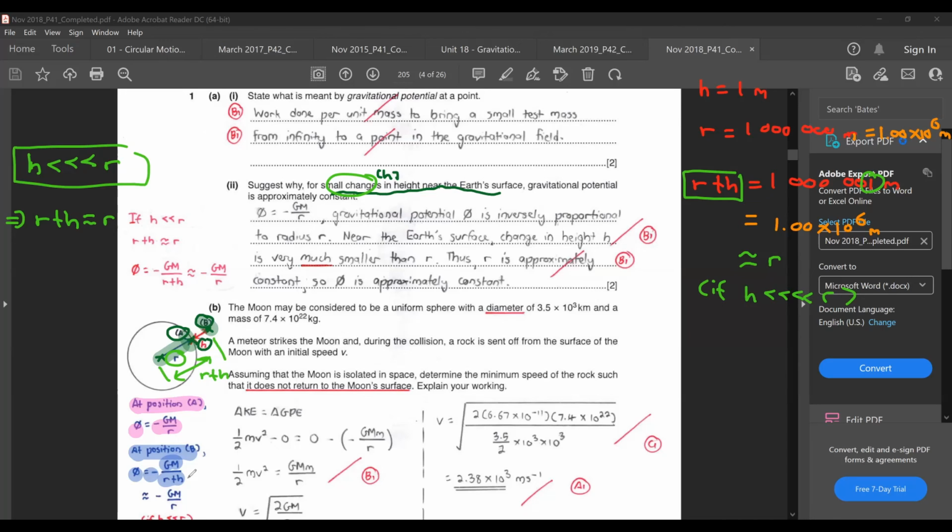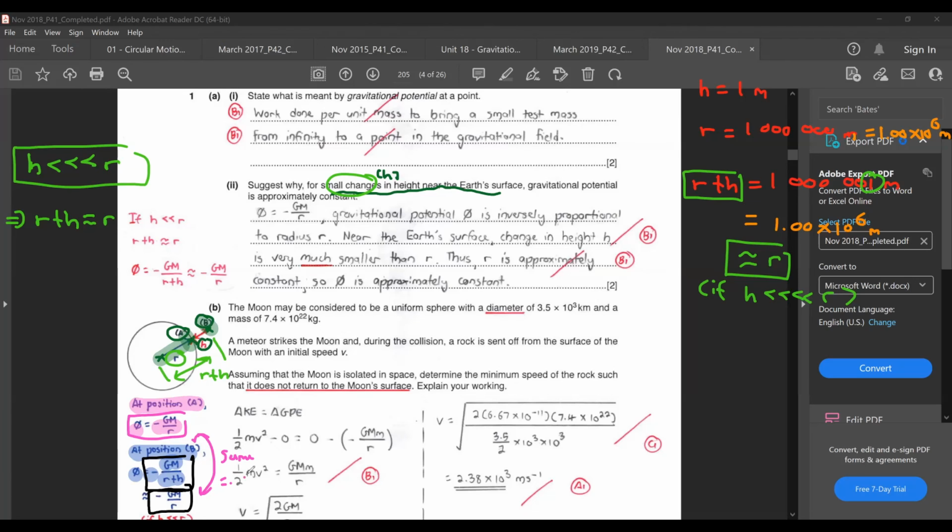So if R plus h can be considered the same as R itself, this equation here, negative GM over R plus h, can be the same as negative GM over R. If you compare these two equations, they're actually going to be the same.